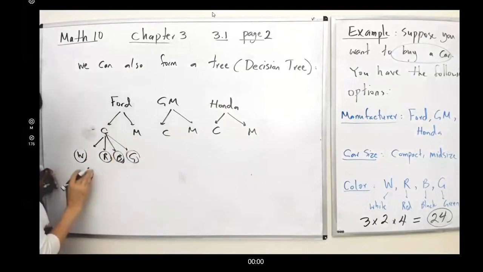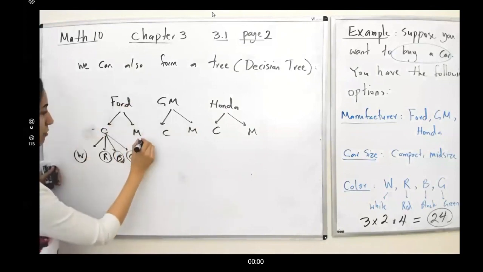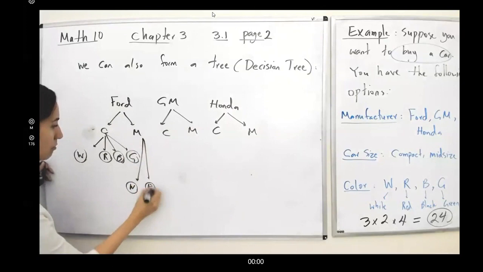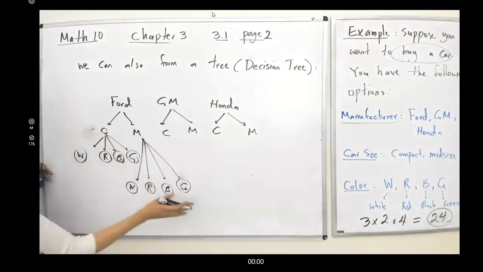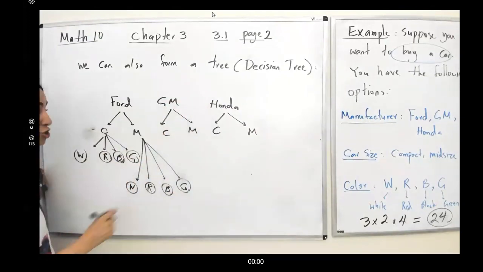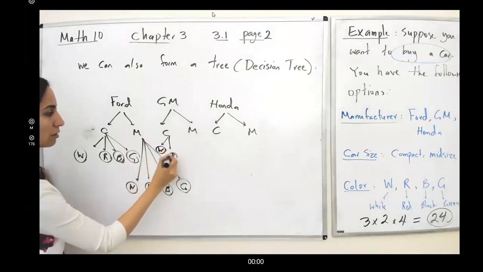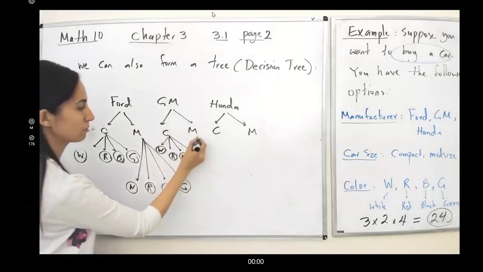You have the same 4 options for the mid-size Ford. So here you have white, red, black, and green. The colors. The same for GM: white, red, black, green.